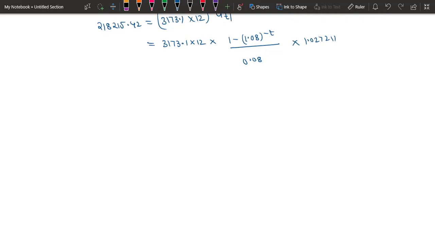If you rearrange the terms, if you multiply this 0.06 here and divide this term in the LHS, you will get 1.06 power minus t is equal to 0.66526. Sorry, it is 6, not 8.